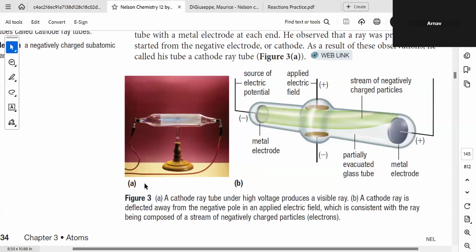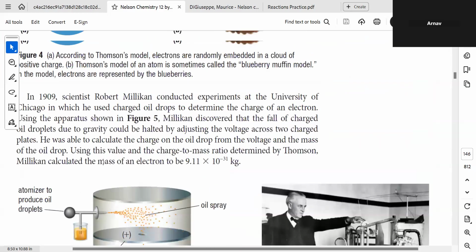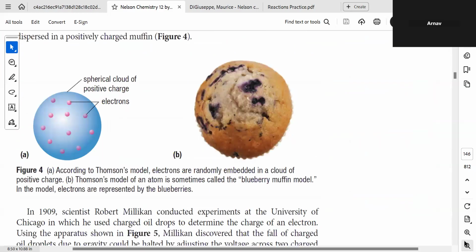Okay, yeah, done. So what did J.J. Thomson do? You can write down: J.J. Thomson discovered electrons. Second, you should write down cathode ray tube or cathode ray experiment. Then the other thing that you should know is that I told you he discovered the mass, right?